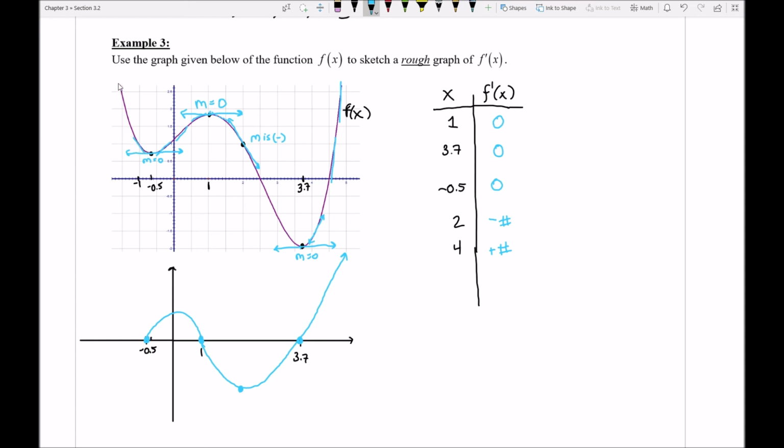And before that, I had slopes that were even more negative, and then more negative. So super negative, not as negative, 0. Well, that would give me a picture like really negative, less negative, less negative, less negative, and finally 0. So this right here might be a graph of f prime of x.